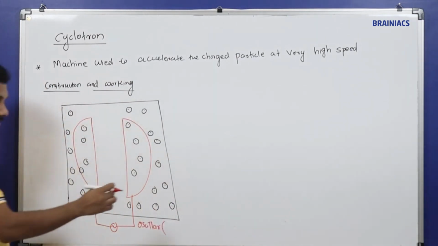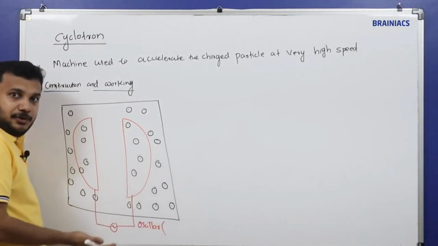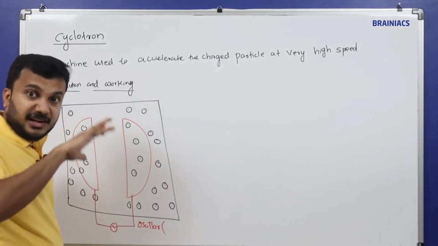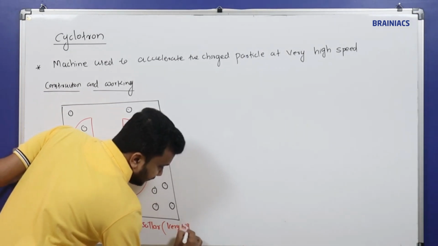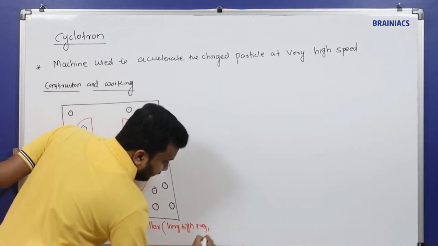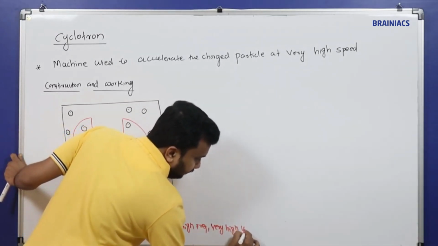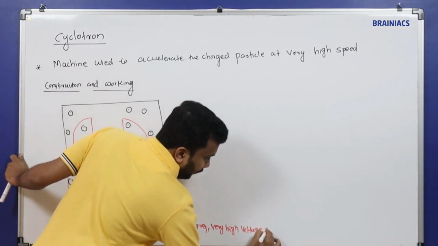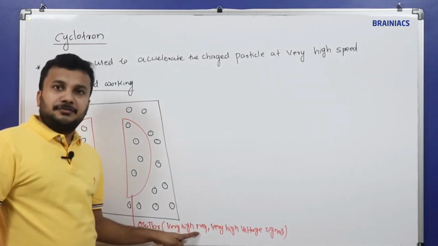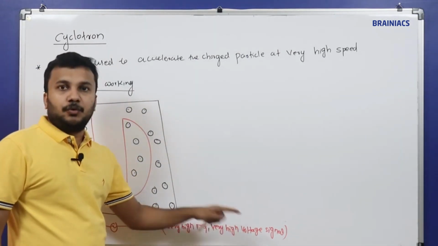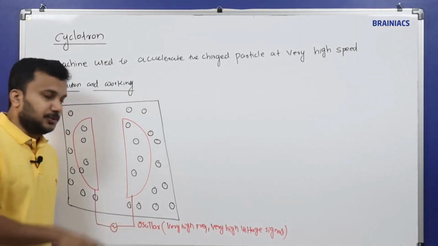This oscillator can produce fast moving sine waves, so it will produce a very high frequency and very high voltage signal.